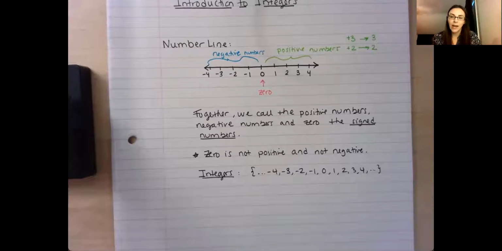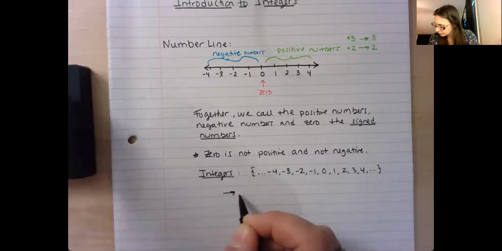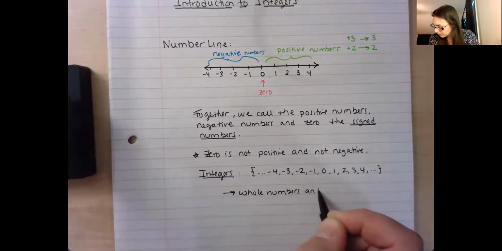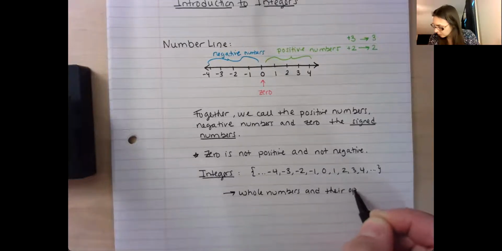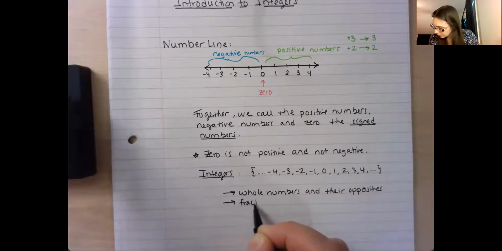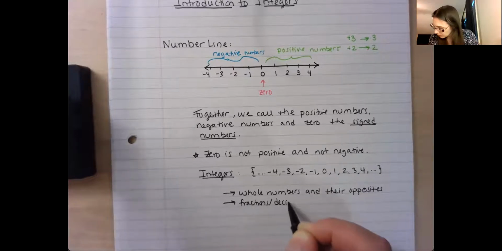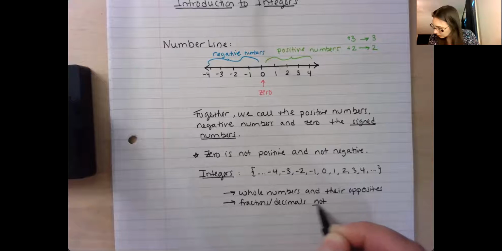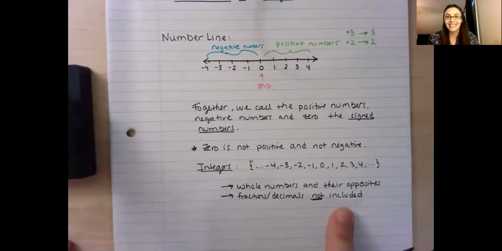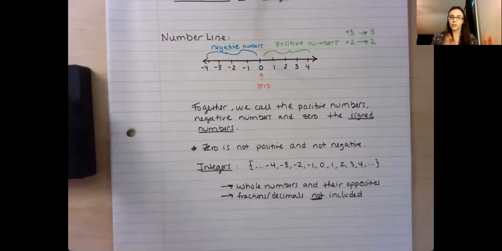So your integers do not have fractions or decimals included here. And as I said, we're definitely going to get to fractions and decimals later on. We're just not here yet. So our integers are the whole numbers, but also including the negative parts as well there.